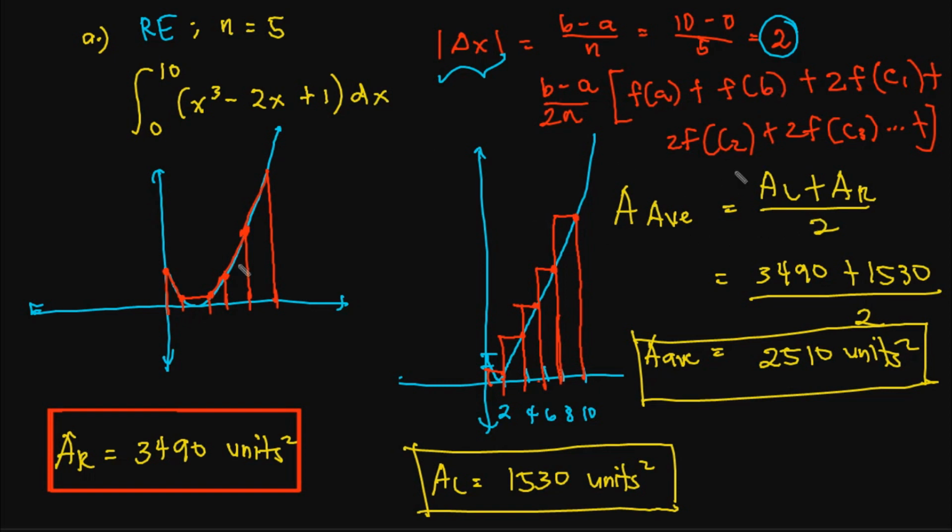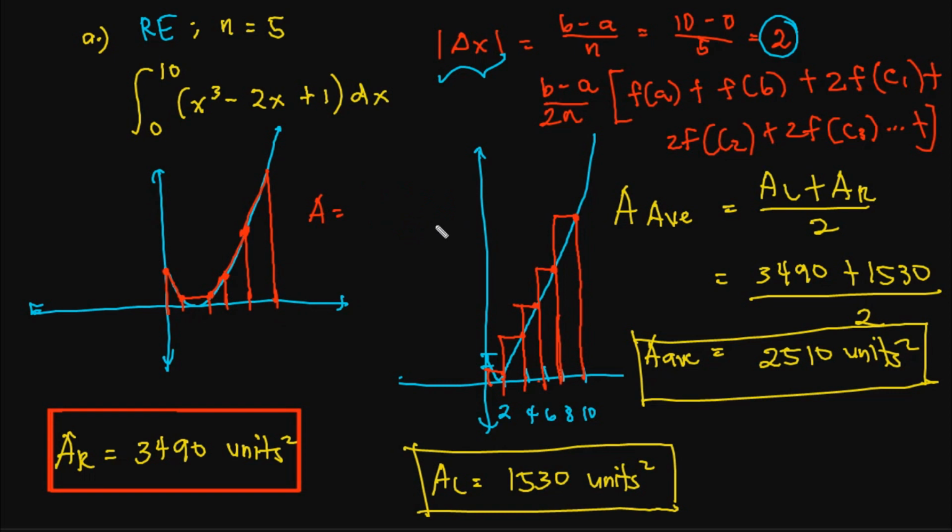So, with that, since nga trapezoid siya, ang area ng ating trapezoid, di ba, we have b1 plus b2 over 2 times height. That's why we have b1 plus b2, and then divide natin siya sa 2. Siyempre, yung ating height would be the norm natin, or yung ating length of the interval. Siyempre, assume natin na yan ay constant.